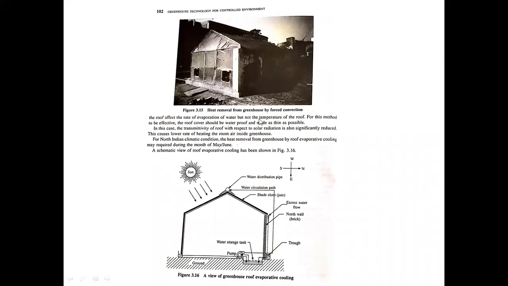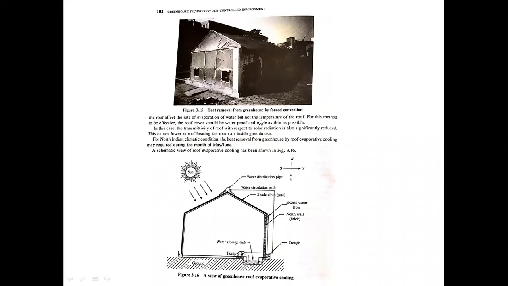So here in this roof evaporative method, the gunny bags and water are spread over the roof, or wet gunny bags are put over the roof coverings.